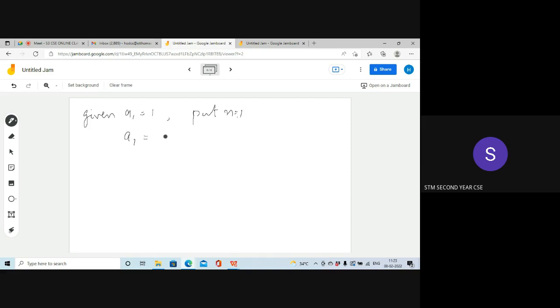A1 is equal to C1 plus C2n into R raised to n. So this n, instead of n, I'm going to put 1. So C2 into 1.